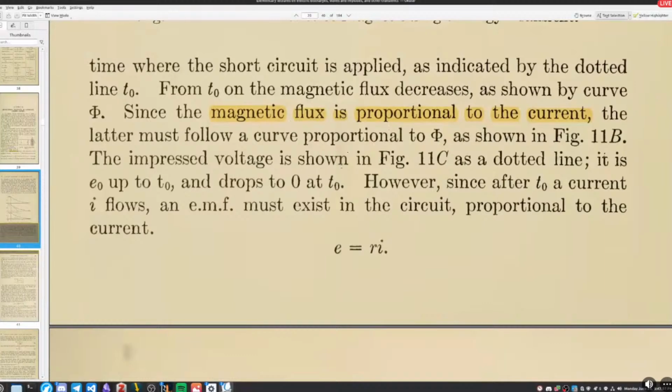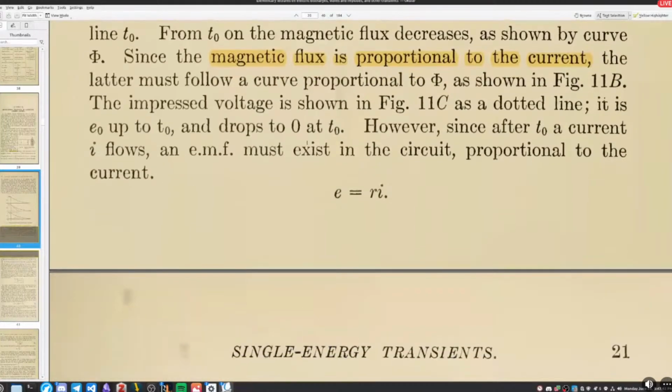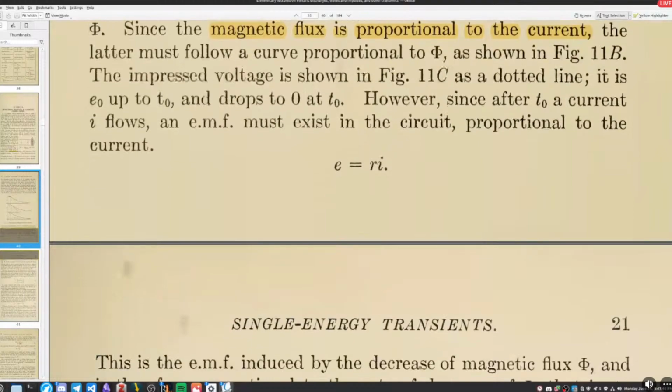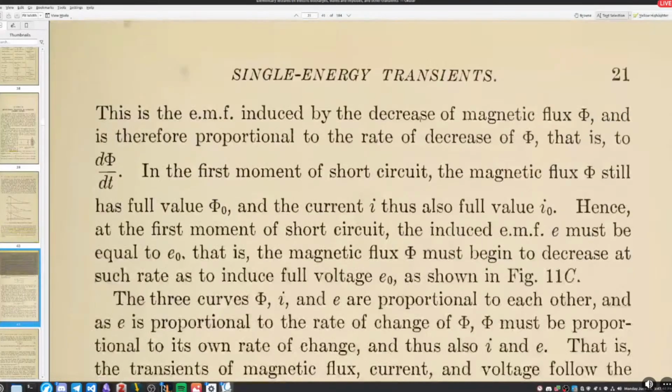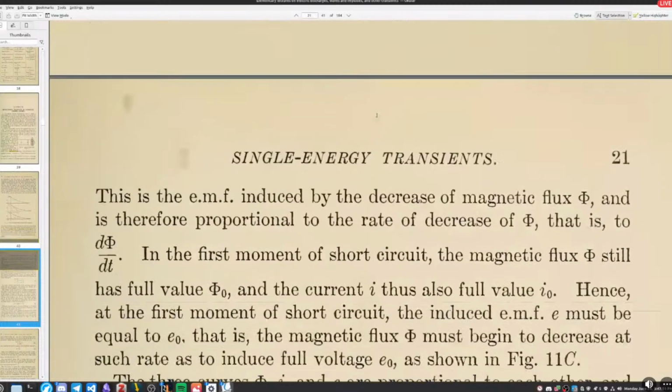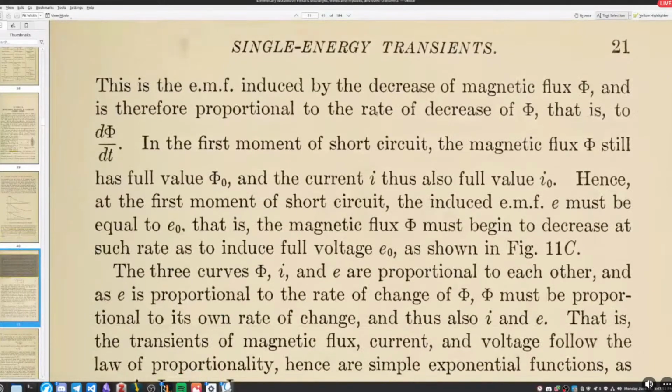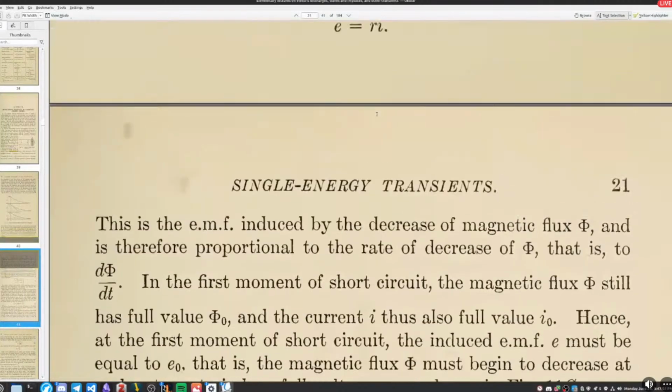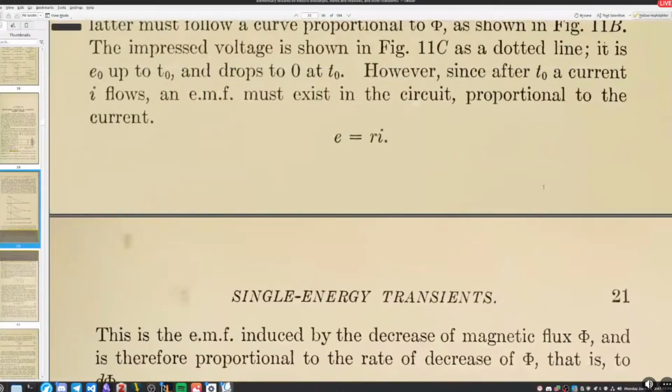However, since after t naught a current flows, an EMF must exist in the circuit proportional to the current: voltage equals resistance times current. This is the EMF induced by the decrease of magnetic flux phi and is therefore proportional to the rate of decrease of phi, that is to d phi over dt.